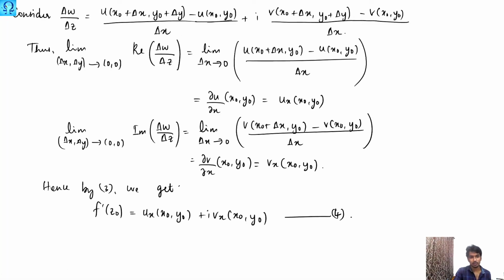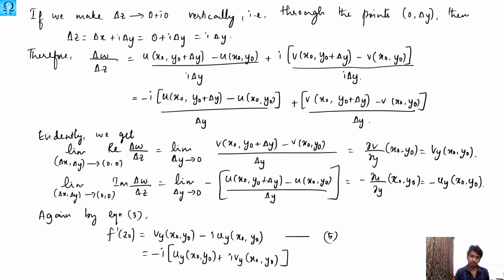So if you recall your equation for f prime evaluated at z naught as ux plus iota times vx, and the same thing shall also be written as vy minus iota times uy. Okay, so from these two equations we infer one condition.